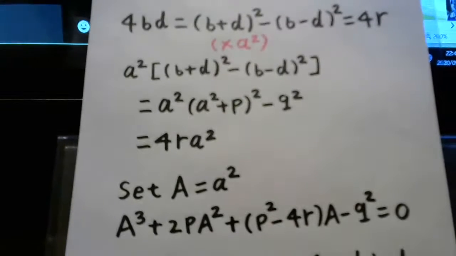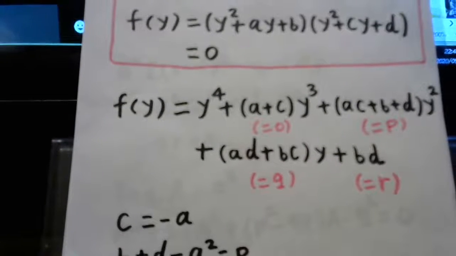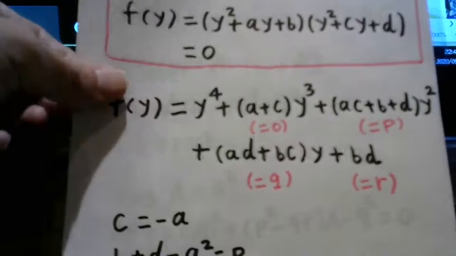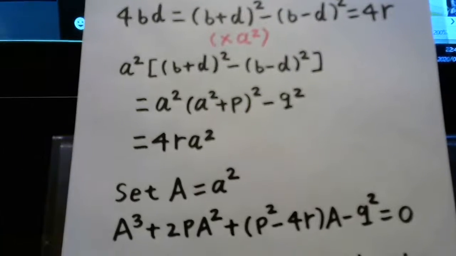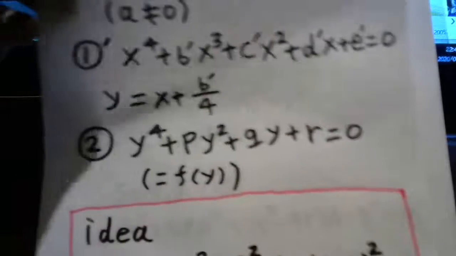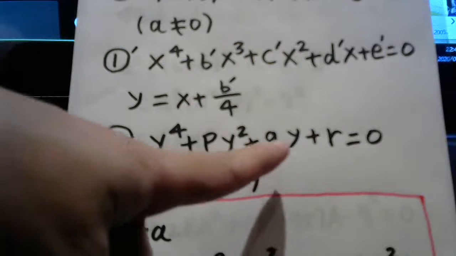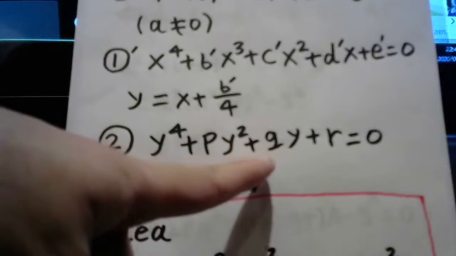And if a is 0, then from this q is equal to 0. Then this term vanishes.